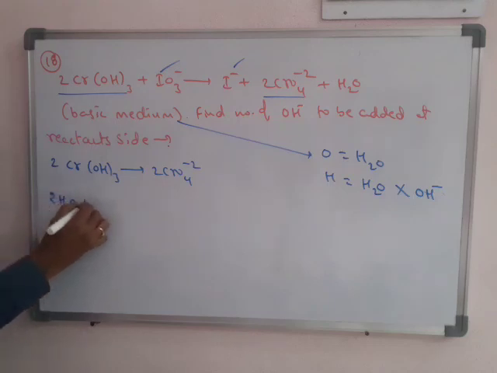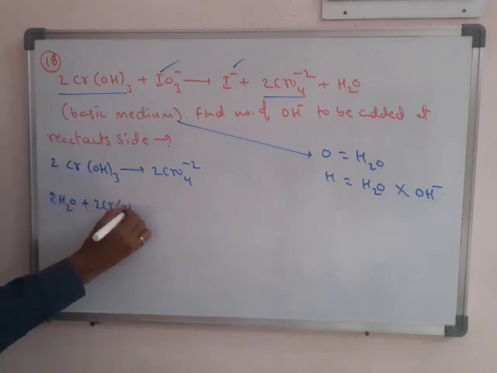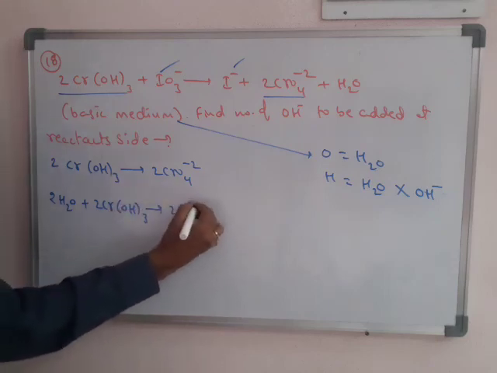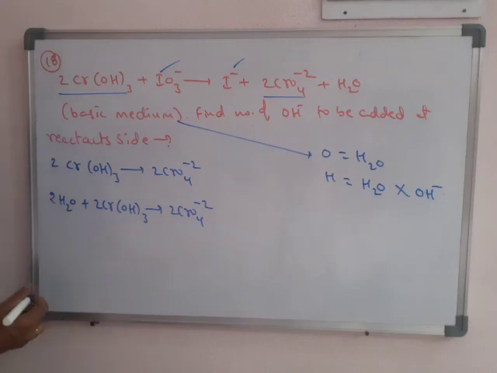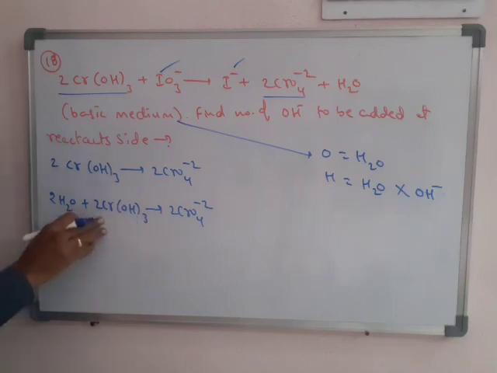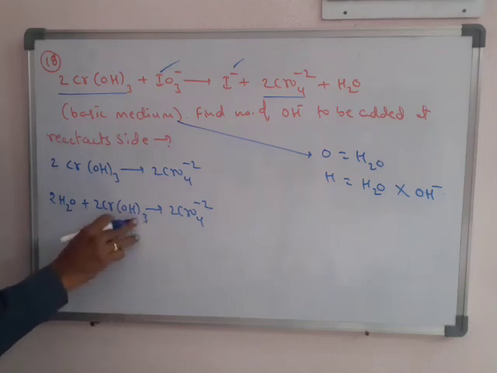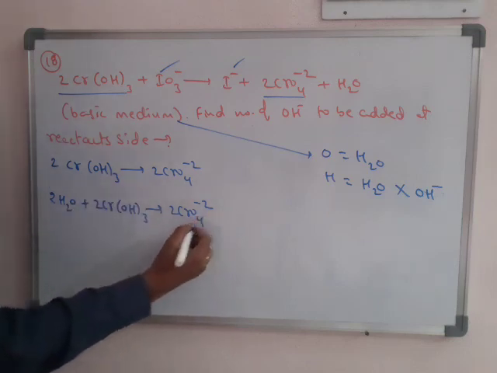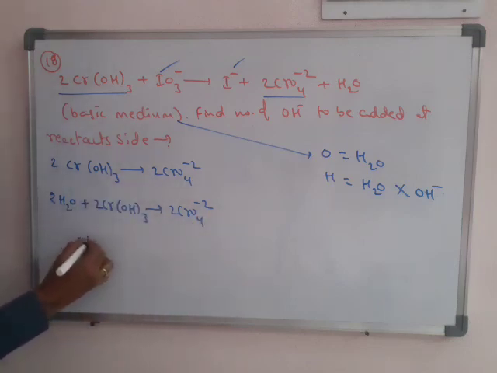So add 2 H2Os. Then balance the hydrogens. Here 4 hydrogens, 2 to the 4, 6. Sorry, there are 10 hydrogens. Here no hydrogens. So how to balance the hydrogens?